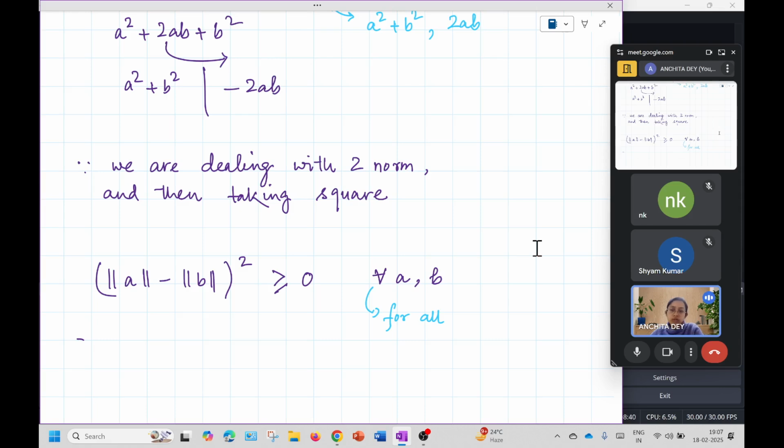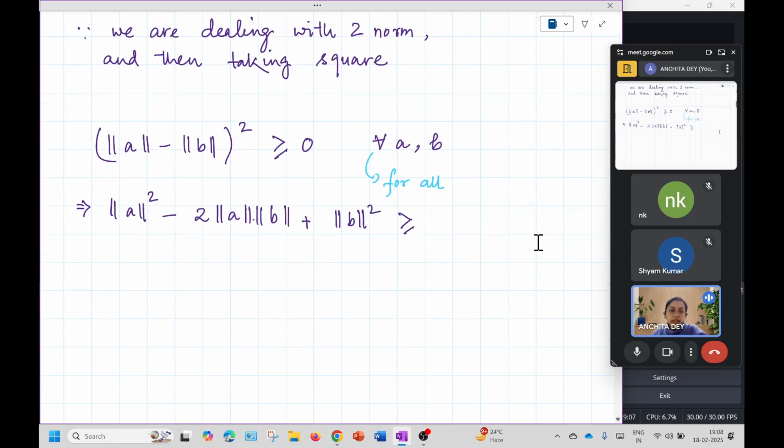It would be equal to 0 provided norm of A is equal to norm of B. Otherwise, it would always be greater than 0. So if we expand it, we have norm of A square minus twice norm of A times norm of B plus norm of B square, which is greater than or equal to 0. It's just a simple expansion.